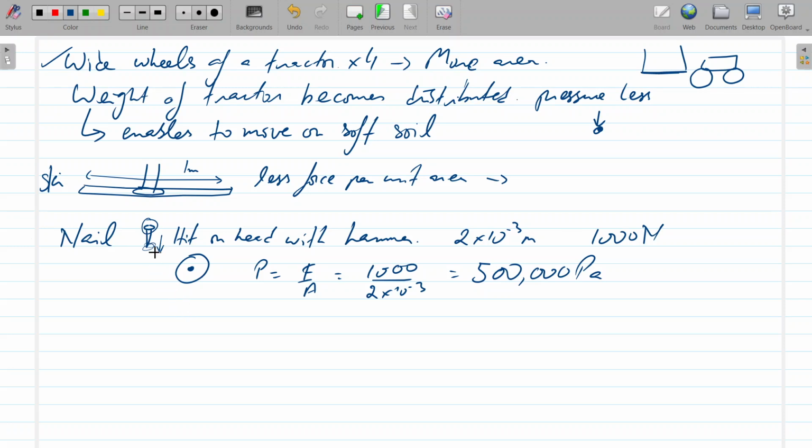Having less area increases the pressure, and that basically allows the nail to go in. That makes sense?